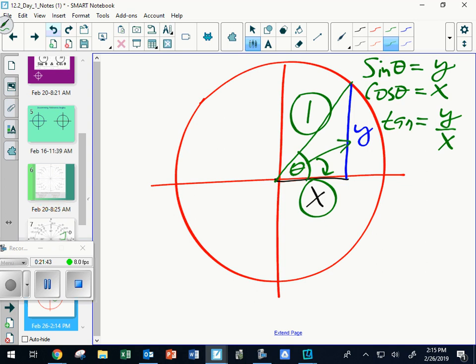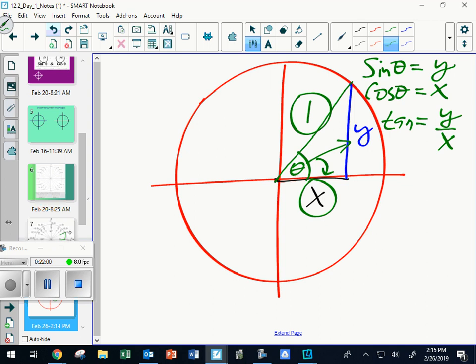Sine is Y, cosine is X, and tangent is Y over X. All right, good. And I don't want you to say, like I heard in a different hour, sine is opposite over hypotenuse. Nope, that was in the old days. Because that was when you could only do trig with right triangles.